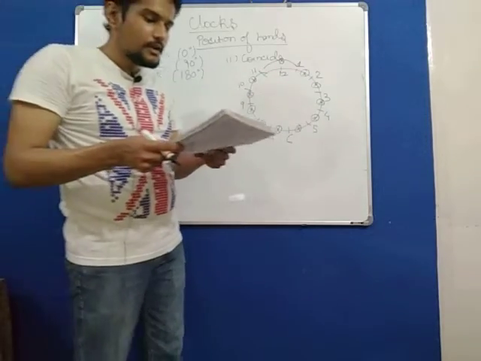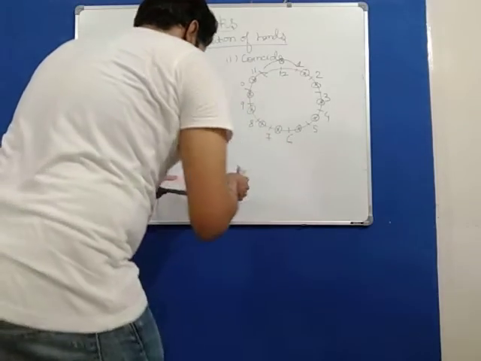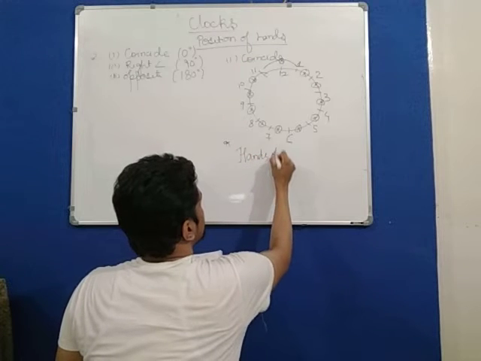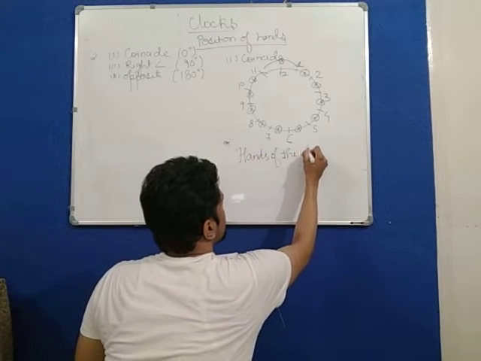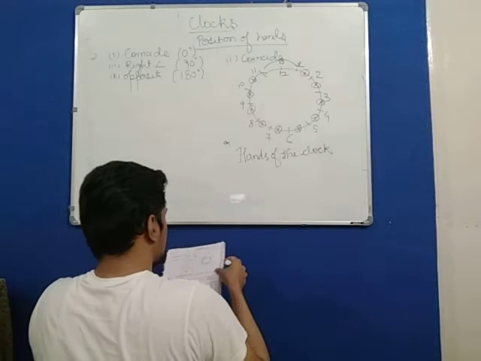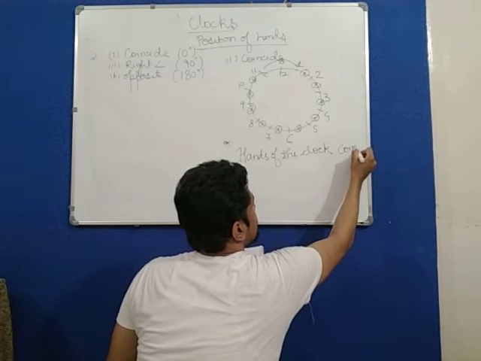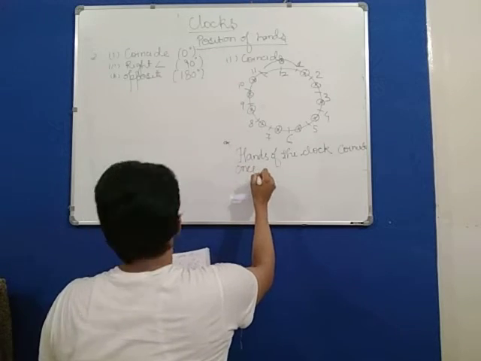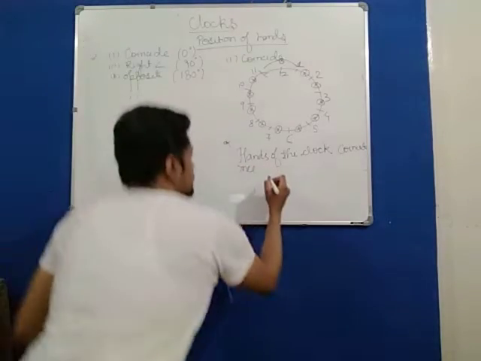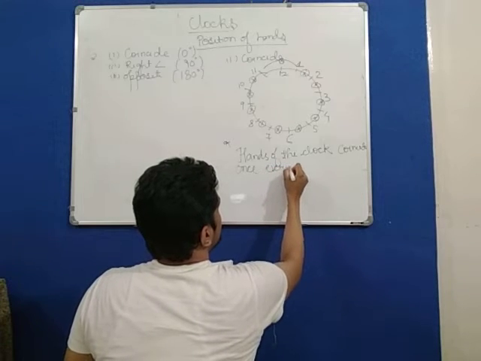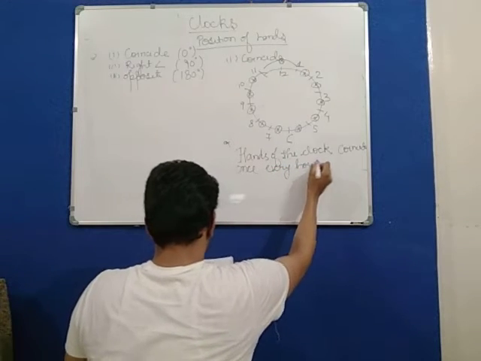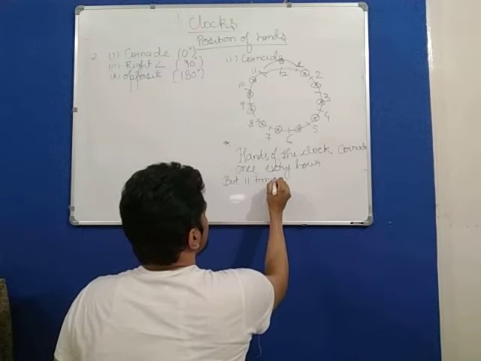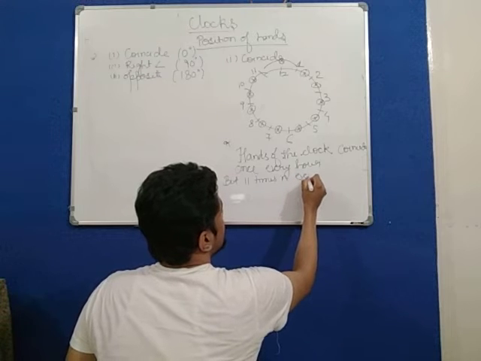So we can say that the hands of the clock coincide once every hour, but they will coincide 11 times in every 12 hours.